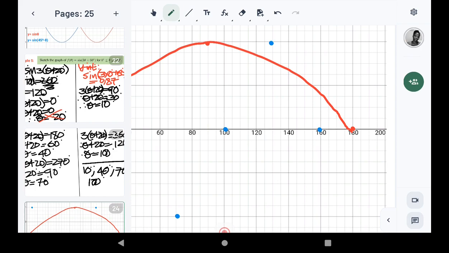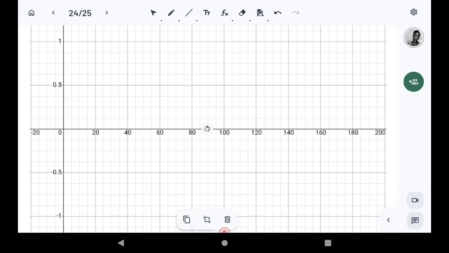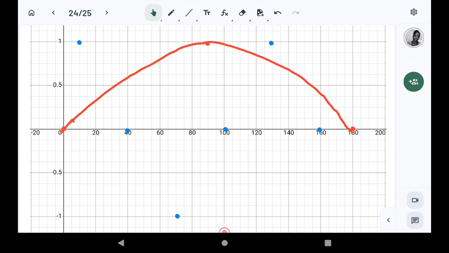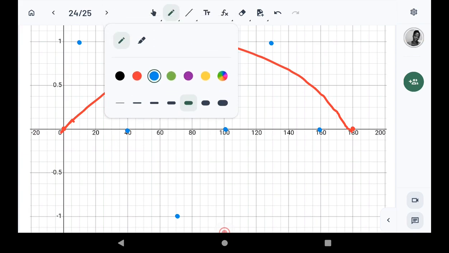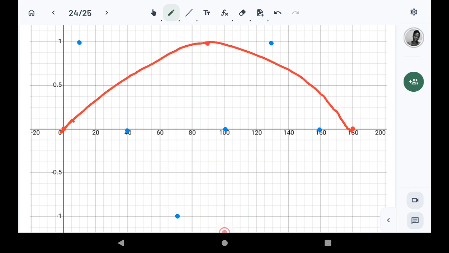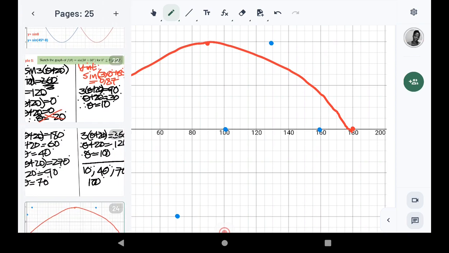Okay, at the origin, the y-intercept is 0.87. That's somewhere here. Now at 180 degrees, let's go back.